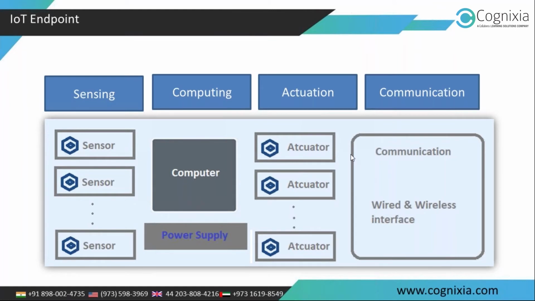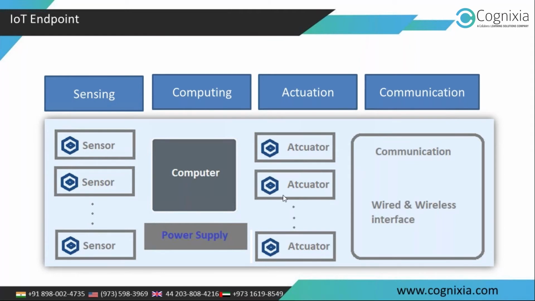So let's say if you have a shoe or a wristwatch or a TV or a conventional electromechanical system, for example, a lathe machine on a factory floor. Once you embed these four capabilities in that electrical, mechanical, or any other type of system, it potentially turns it into an IoT endpoint.